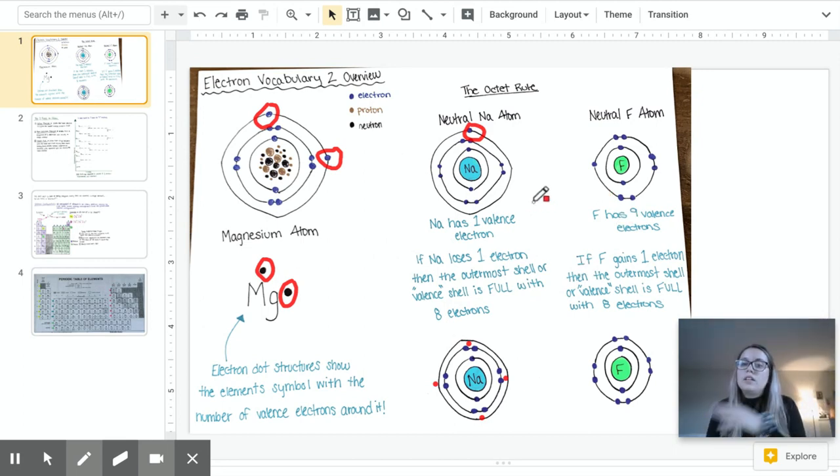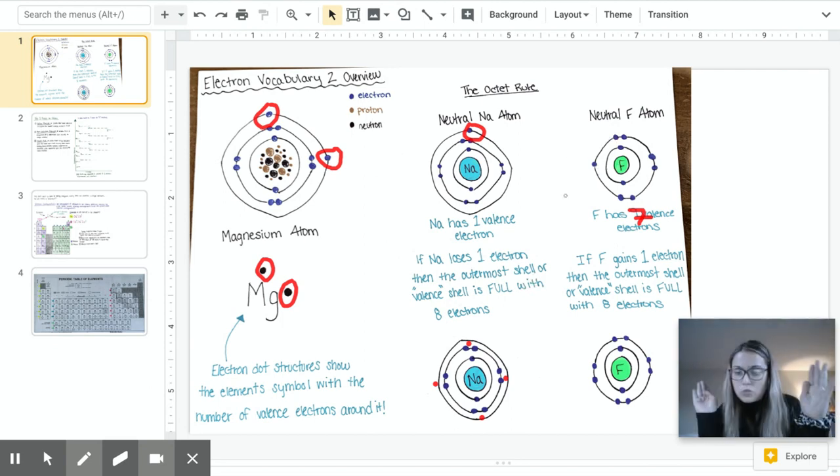Looking at our fluorine, fluorine has 9 valence electrons. No, it does not. It has 7. Miss Stone can't count. This should be 7. It has 9 electrons total, but it has 7 valence electrons. So, are we going to lose just 1 more?